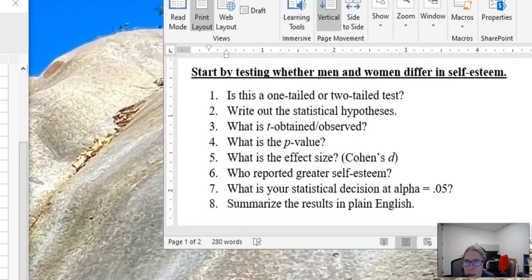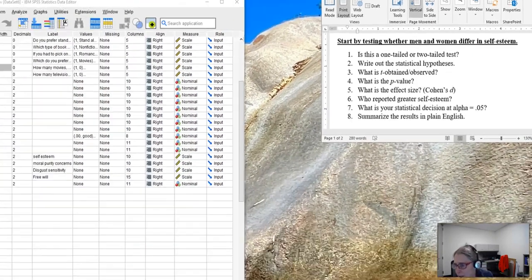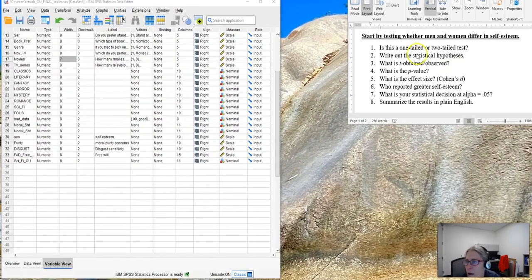So here we are going to have a two-tailed test. Next, it says write out the statistical hypotheses. Now, if you go to the statistical decision-making process help page, it will give you exactly the limited options for what the correct answer to this question is going to be.